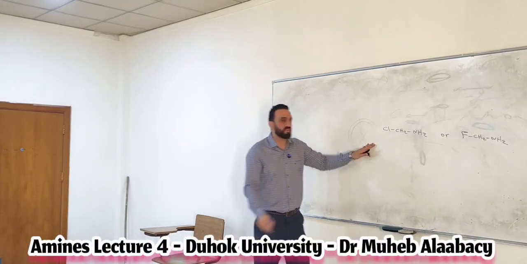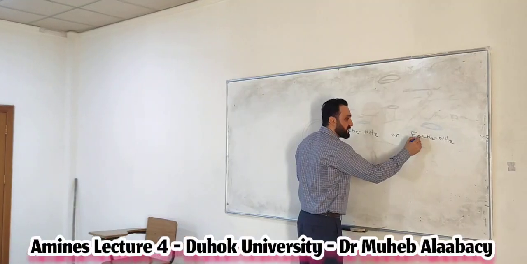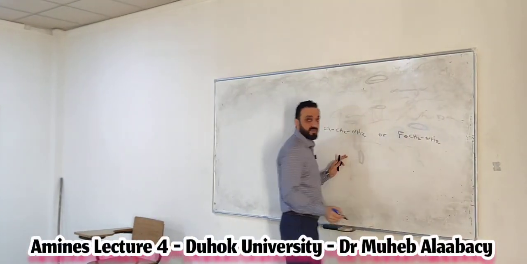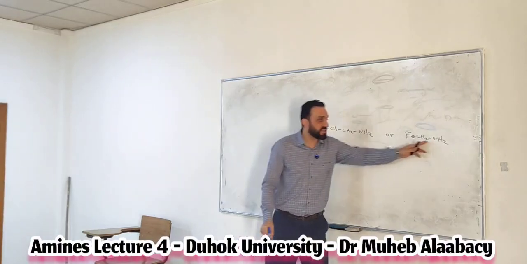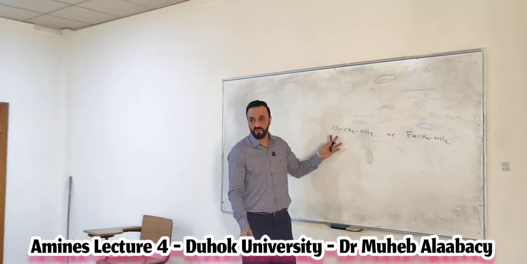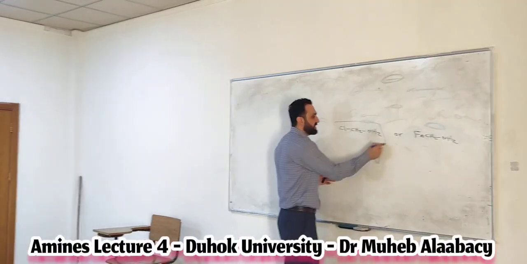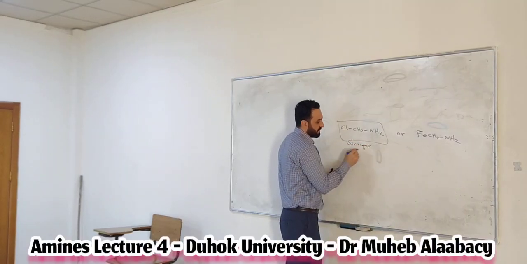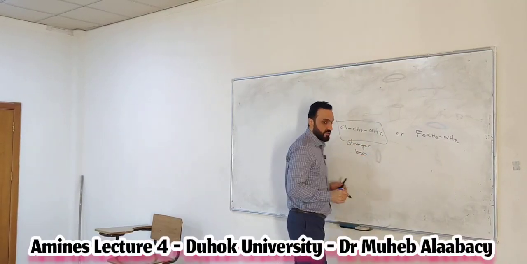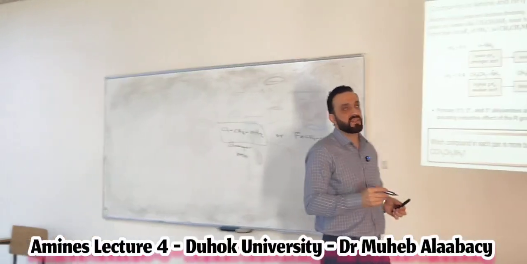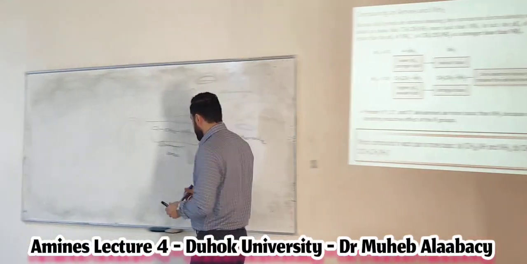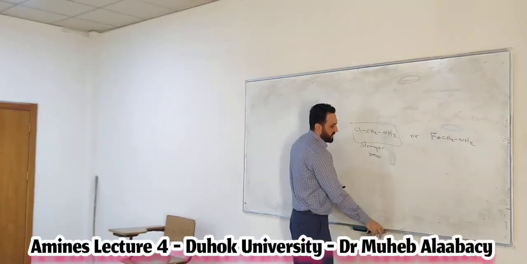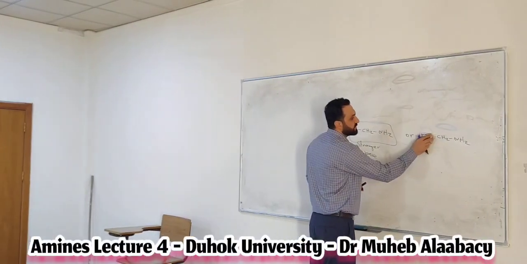This one. Why? Because the fluorine here is a stronger withdrawing group than the chlorine, so it decreases the electron density on the nitrogen more than chlorine. So this one will be the stronger base. Another example. This or this.